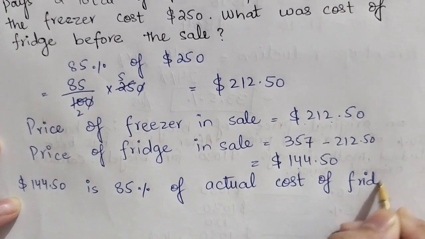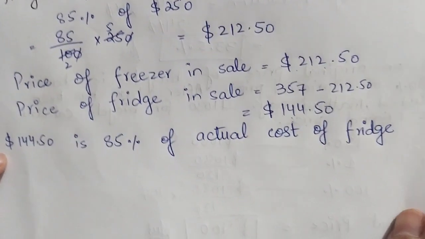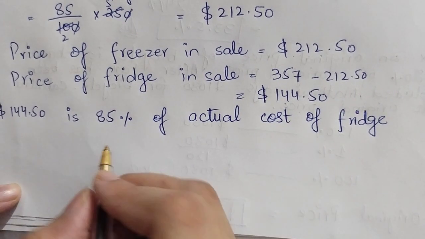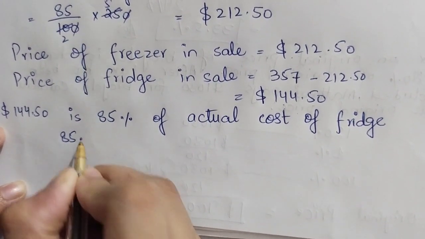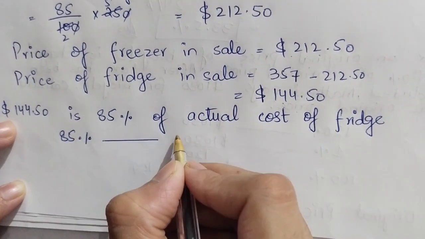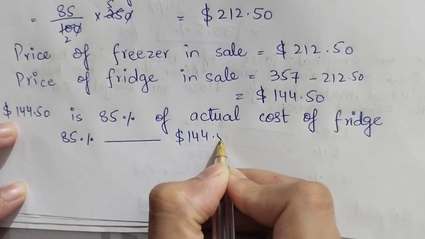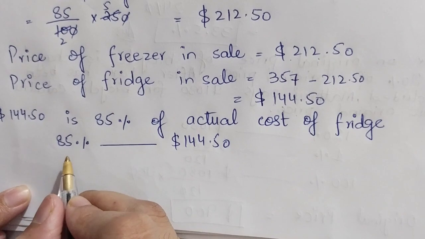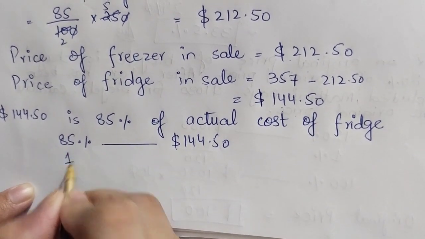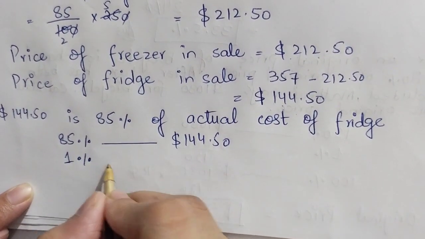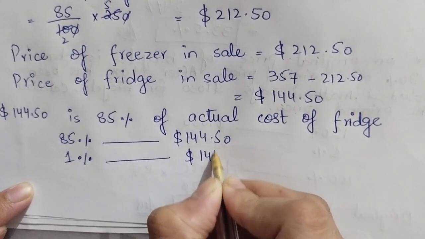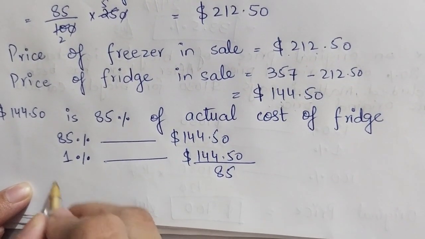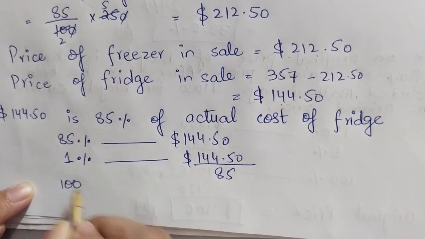Okay, so if 85% cost is $144.50, what we have to find? We have to find 100%. What we will do, first I will find 1%. For 1% it becomes 144.50 divided by 85, and for 100% multiplied by 100.